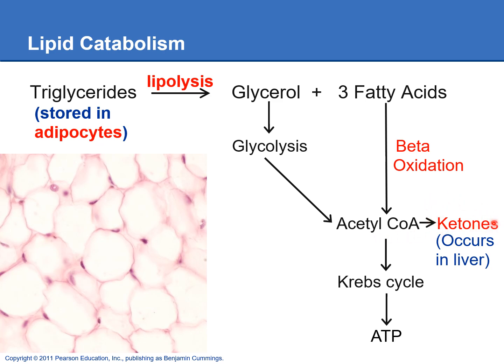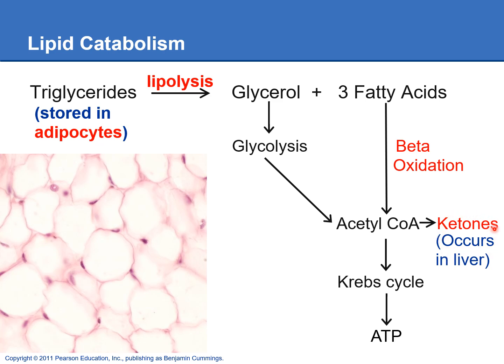Okay, and the ketones can be used especially by things like the brain to make ATP. But the problem with the ketones is if you get too many of them, the ketones themselves are actually acidic.